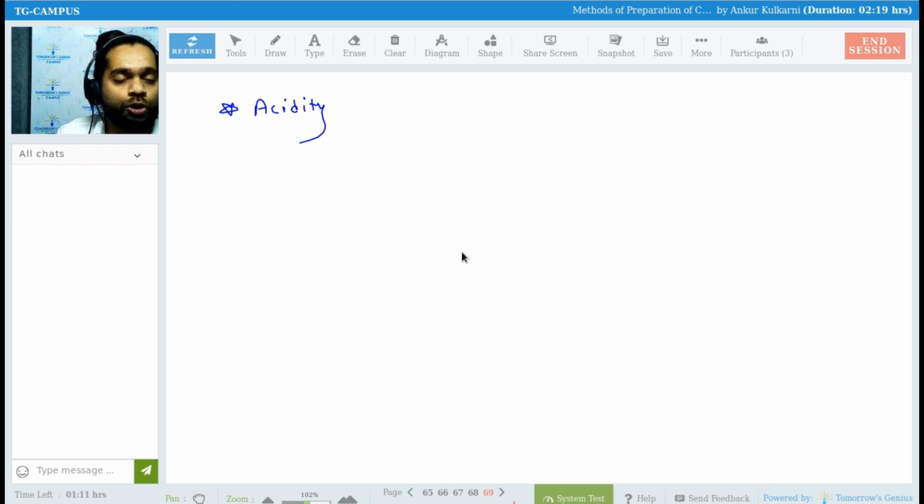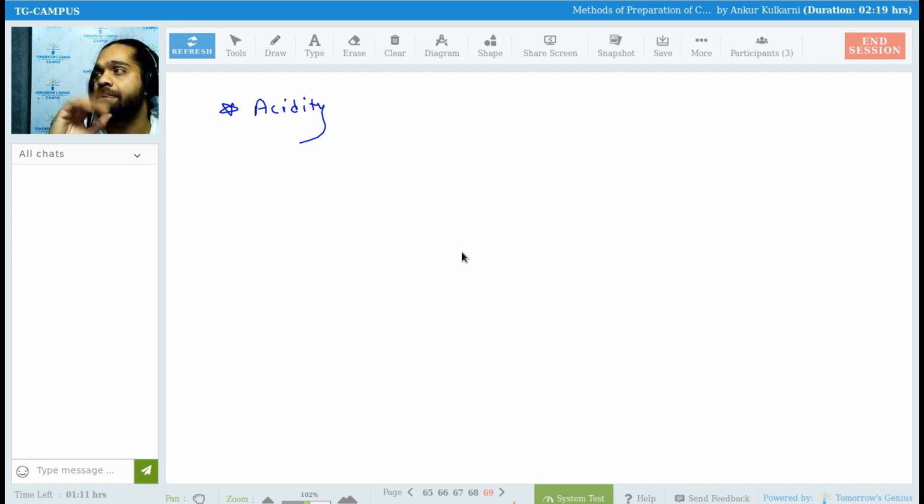Why will someone donate more proton, and why will someone donate less proton? It is our ability to lose a proton easily. That is an appropriate definition. The more easily it can give away a proton, the stronger the acid.